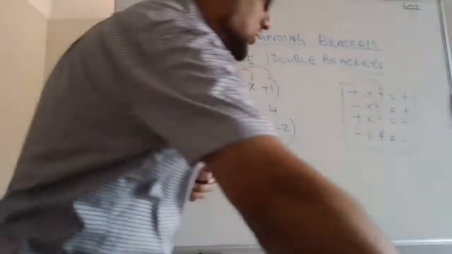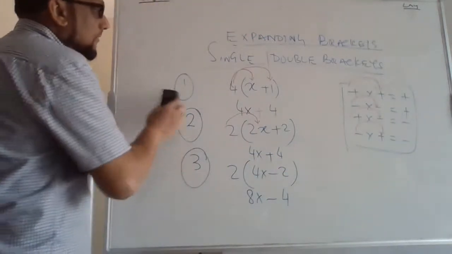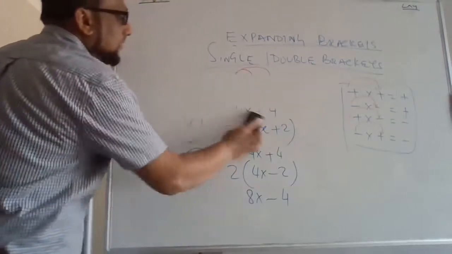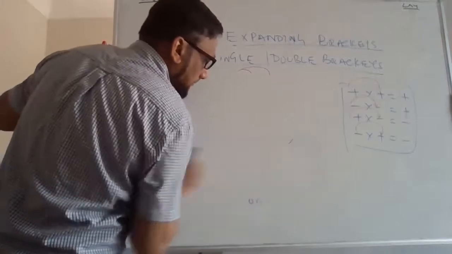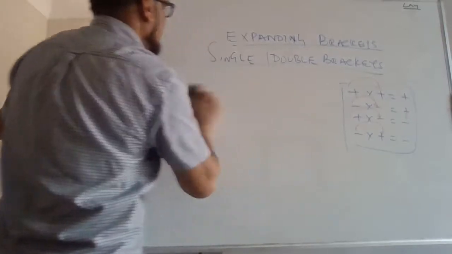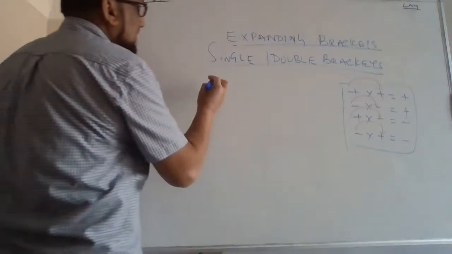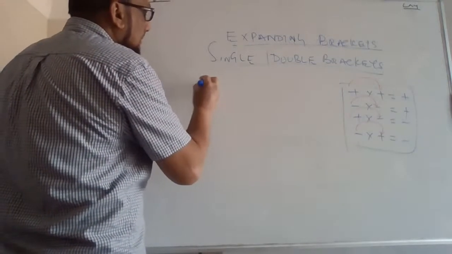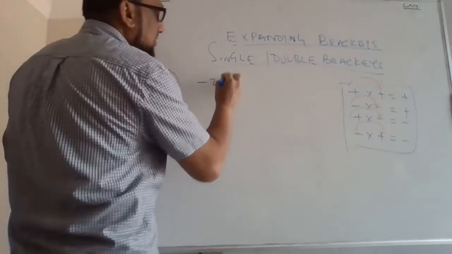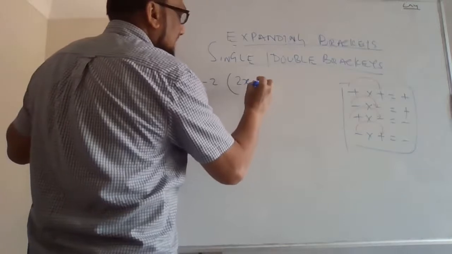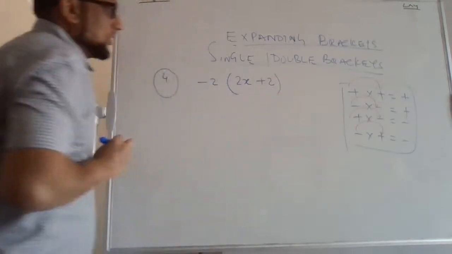Now I am moving to more questions to understand how we can work if the numbers are minus or plus. If I say minus 2, this is our fourth example, minus 2 times 2x plus 2.